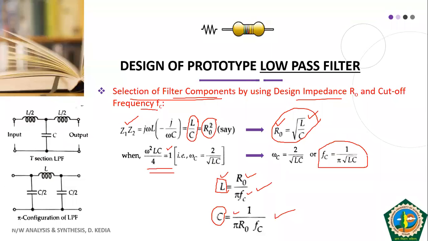So normally we are given that we want a prototype low pass filter with certain cutoff frequency. We want a prototype low pass filter with certain design impedance R naught. Then what value of inductor and what value of capacitor should we take so that we are able to get the desired thing. So this is your design of prototype low pass filter.